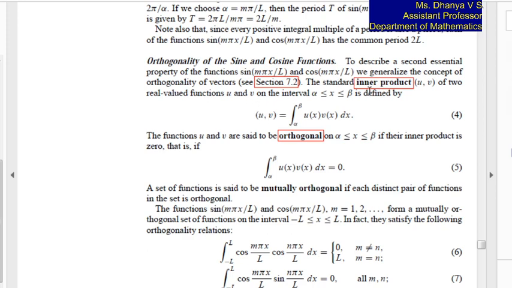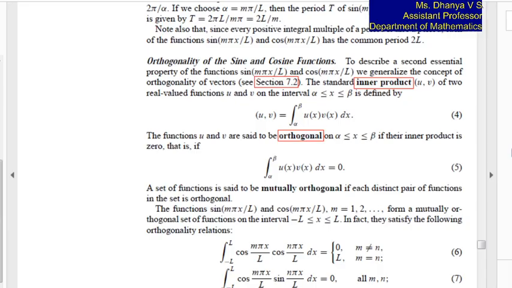The inner product of two functions u and v is written like this: u comma v. This is the notation. In this textbook they have used angle brackets, but this is the notation usually used.